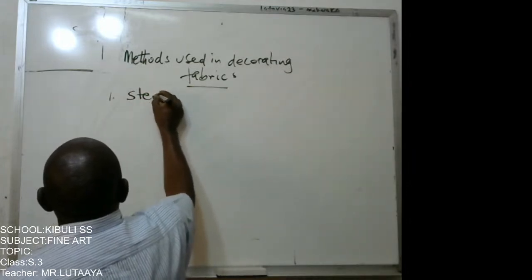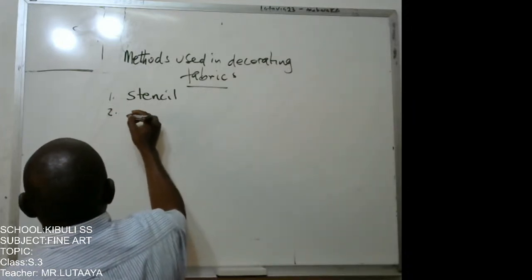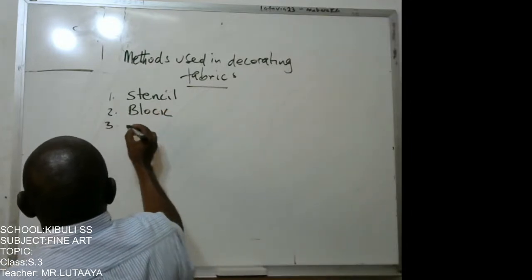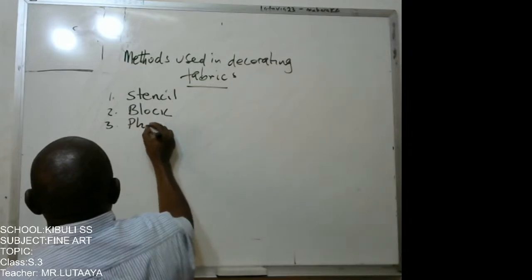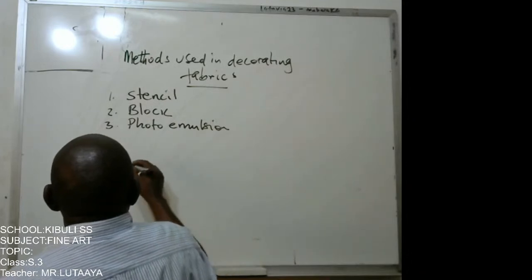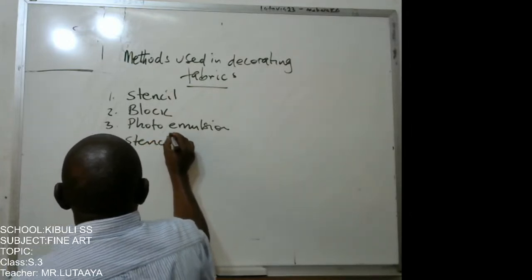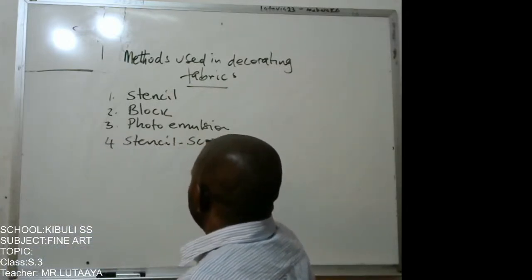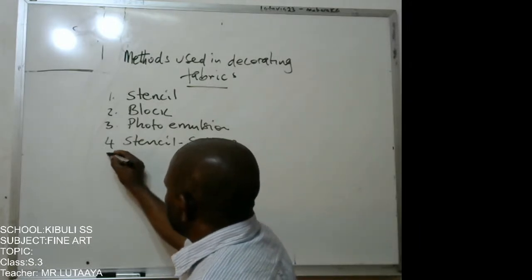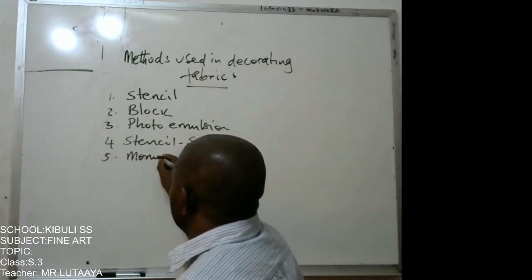The use of stencil. Another one, we can use block. Then another one, we can use photo emulsion. Then another one, we can use screen stencil. Then another one, we can have what we call monoprint.